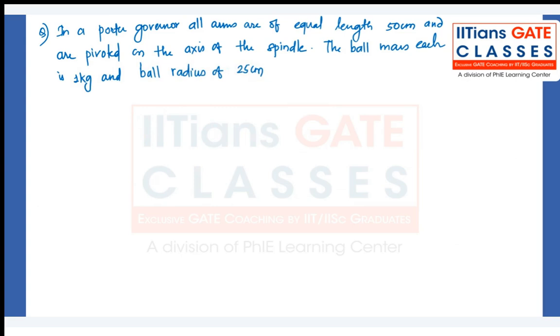The ball arm is vertical and the equilibrium speed is 20 radian per second.